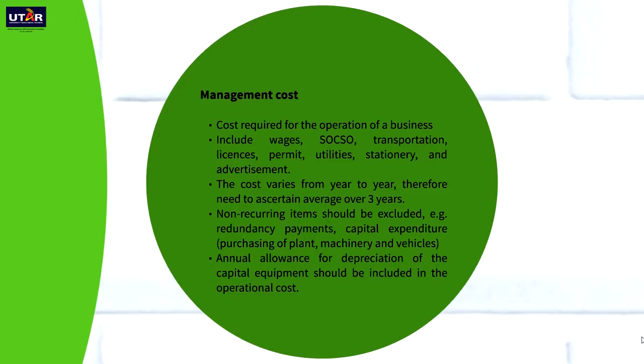The costs vary from year to year, therefore you need to ascertain the average over 3 years. Non-recurring items should be excluded, for example redundancy payments, capital expenditure, and purchasing of plant, machinery and vehicles, while the annual allowance for depreciation of the capital equipment should be included in the operational costs.